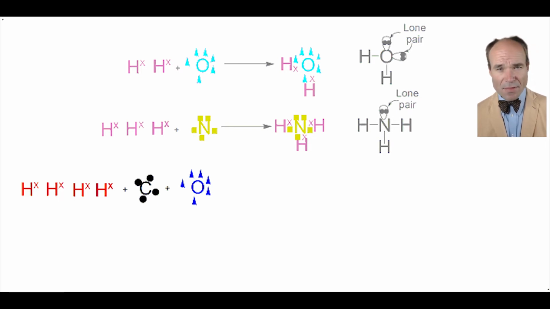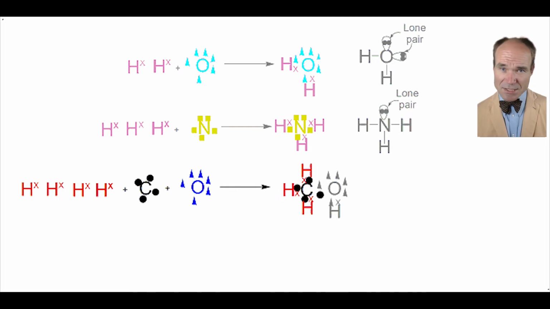Well, 3 of the hydrogens will share their electron with one of the carbon's electrons. This creates 3 single bonds in between each hydrogen atom and the carbon. We're not finished. How's the oxygen involved? Well, the oxygen will share one of its electrons with the carbon and vice versa for a single bond in between the carbon and oxygen.